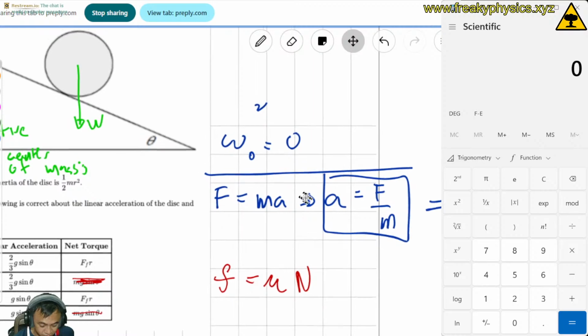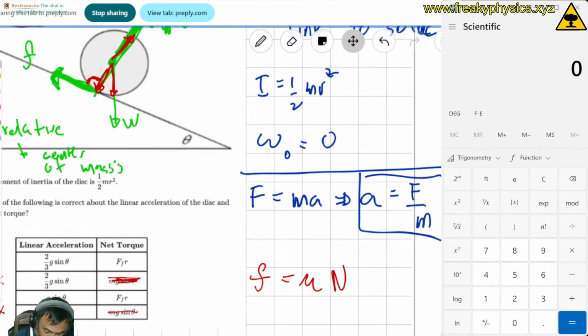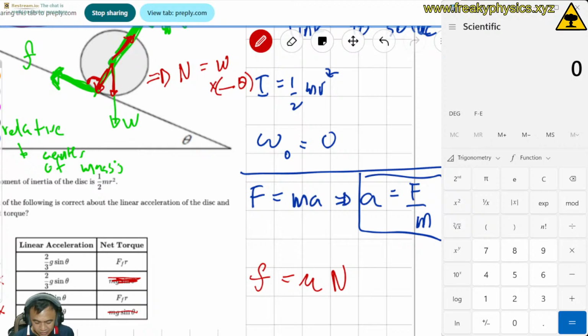You can if you want to, but you can already see here that n is just w times some factor of theta, whatever that trigonometric function is, be it sine or cosine. So n would be less than w. So you can already guess, without calculation, which one is the answer between the two.